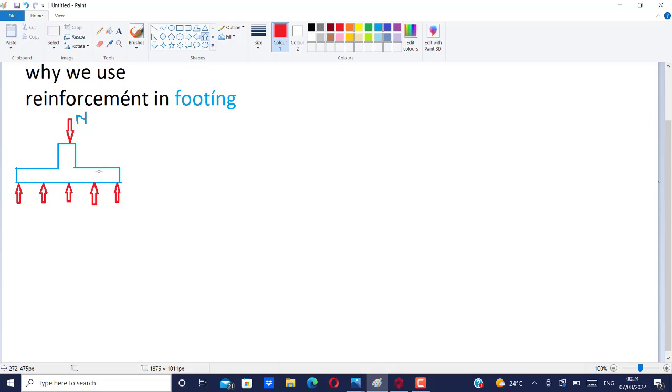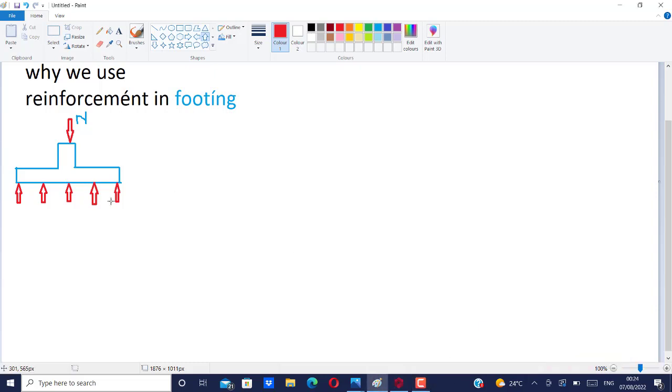One is that this footing can bend. Two, this footing can shear. Three, this footing can punch. Now that's why we want to talk about this behavior of this footing under the action of this load. So we are going to be looking at the behavior of this footing.